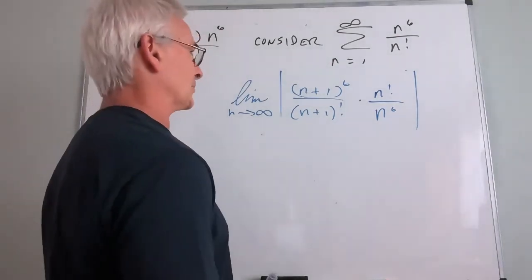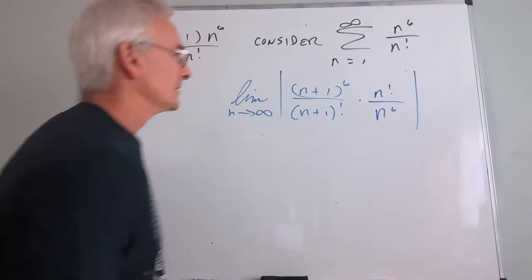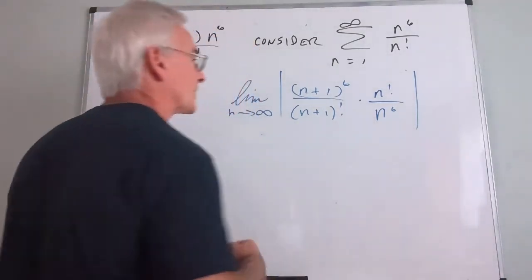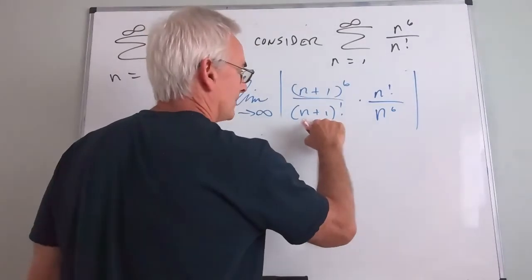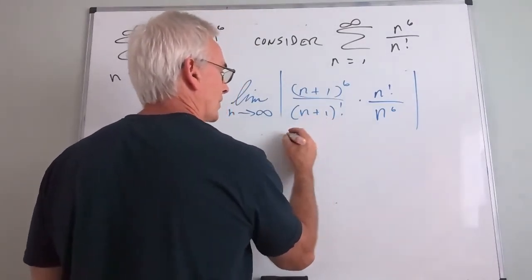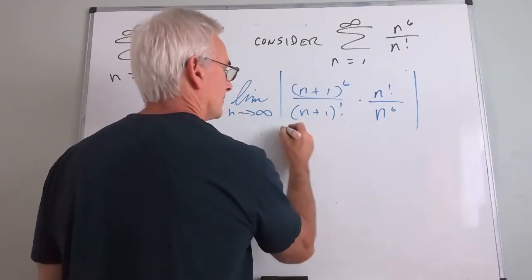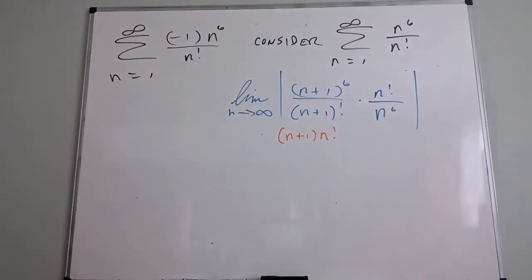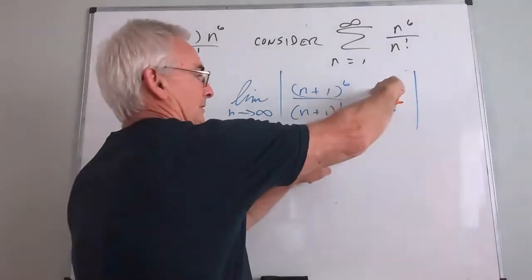Now, I really want to cancel some stuff. Can I cancel anything? Sure. Let's start with this guy. (n plus 1) factorial is (n plus 1) times n factorial. Beautiful. Somebody has been practicing. Then, by the way, don't go any further because it's perfect.